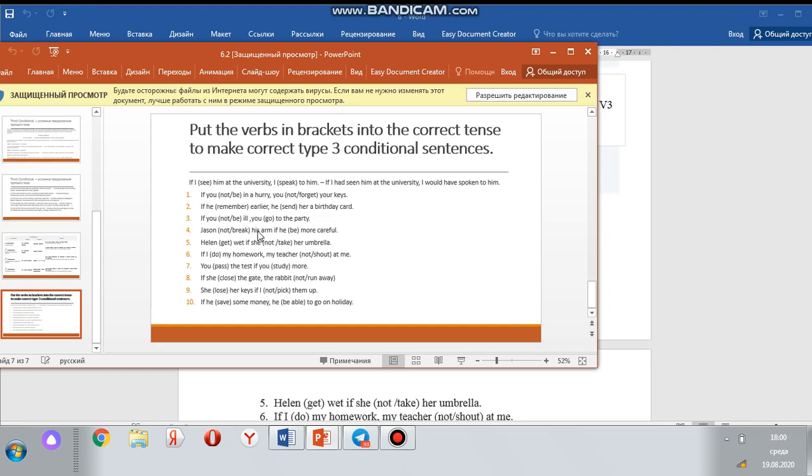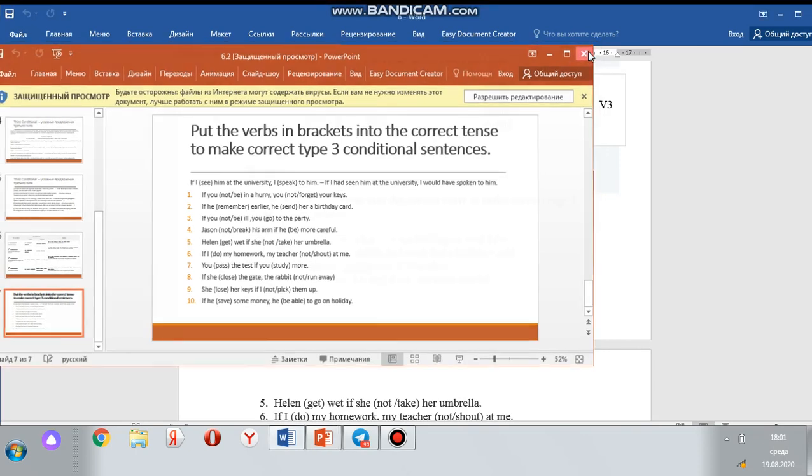And after this lesson, we download tests. You should do it individually, and of course you can get a mark for your answers. So I think that conditional third is understandable for you.